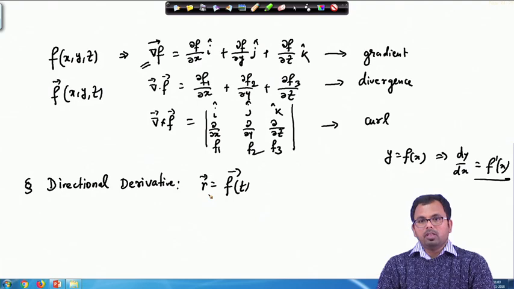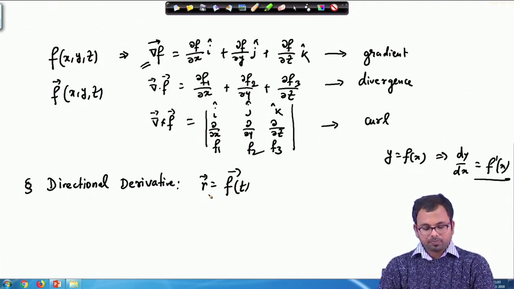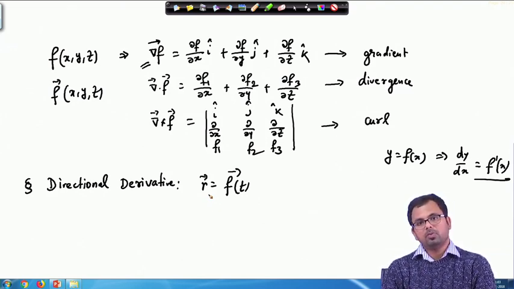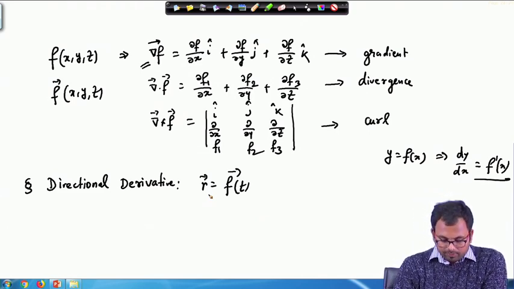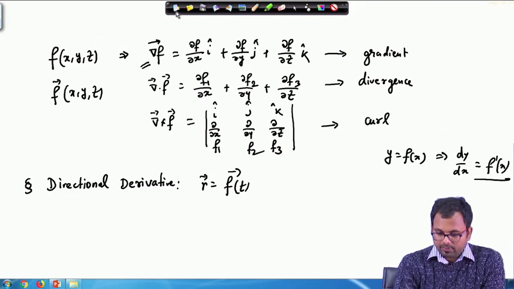We'll give the formal definition of directional derivative, but before that we will start with the definition of level surfaces. What do we mean by level surfaces? We will try to see one or two results based on level surfaces before we move to the directional derivative. All right, so let's start with level surfaces.